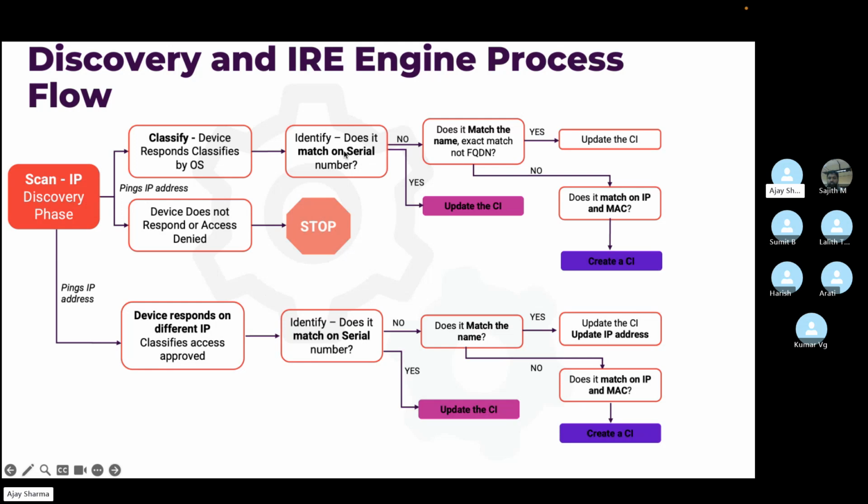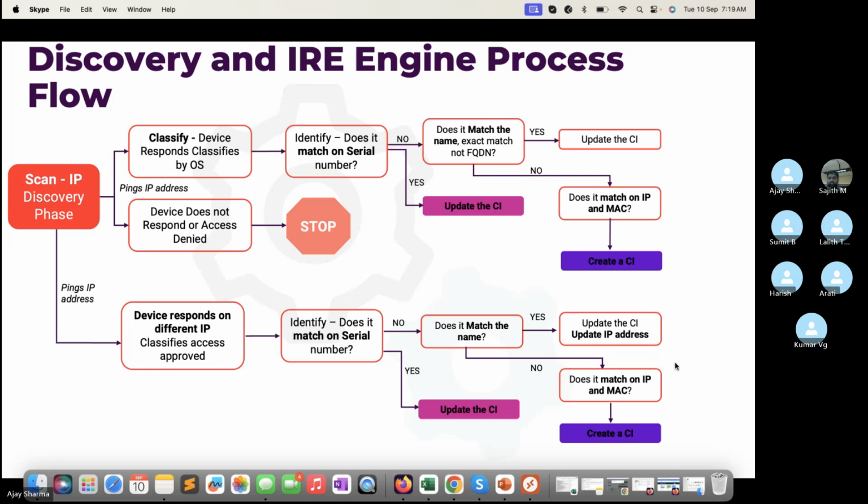They will check. If it is matched, based on the IRE, it will update the existing CI. If not, it will try to match the other attributes we have defined in the IRE. That can be FQDN, the name, or other things, like the process. Based on that, it will try to identify. If it matches, it will update the CI. If it does not match the IP, name, address, or anything, it will create a new CI.